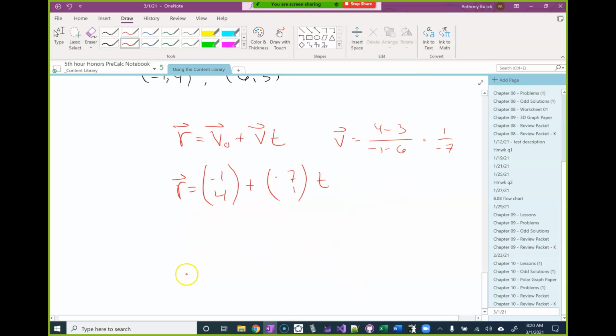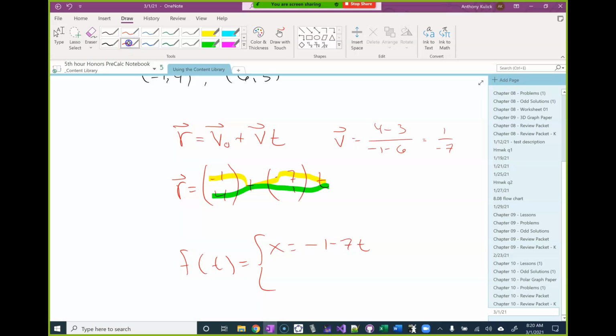Okay. So my parametric function is going to be x equals -1 plus -7t. My y component is going to be 4 plus 1t. Everybody okay with that?